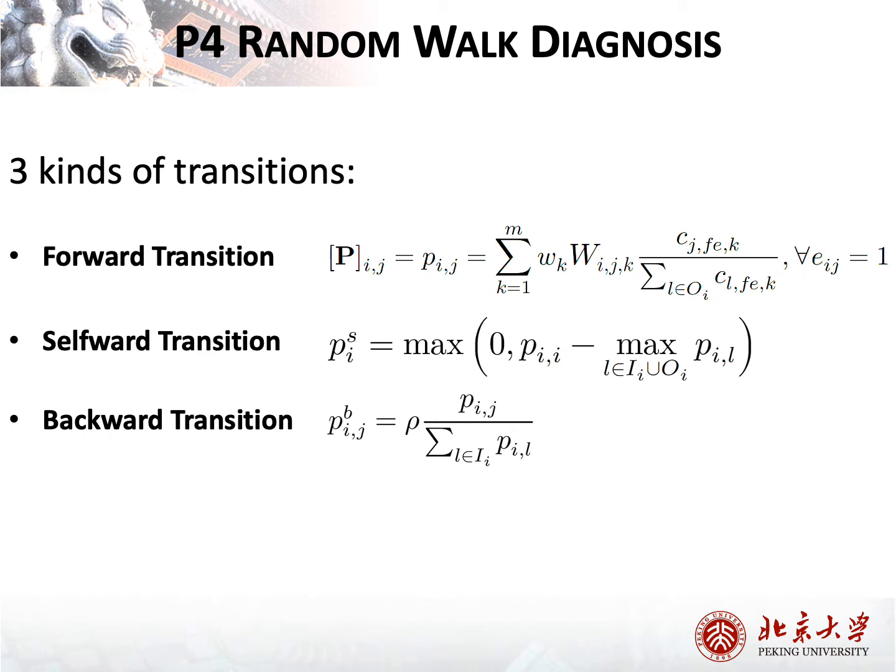A third is backward transition. When the visitor is visiting a service with low correlation score, it won't have any chance to escape this route if all its subsequent services are wrong answers. So we designed a backward transition to help it go back and find more possible routes. These transitions make our random walk more heuristic.